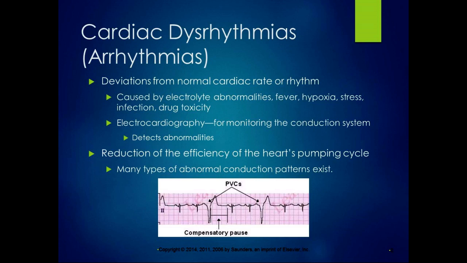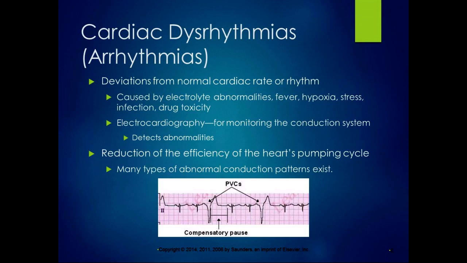So this is an ECG strip, and these PVCs, it doesn't stand for polyvinyl chloride, it stands for premature ventricular contraction. So instead of our normal cardiac rhythm, the ventricle contracts too soon, meaning it's not sending out as much blood because it fills and then it contracts.